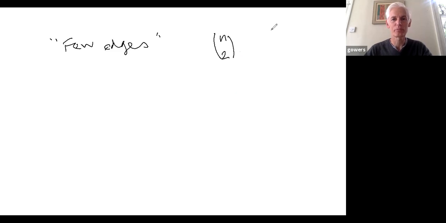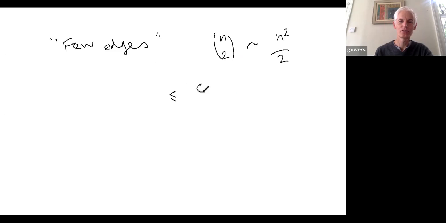There we are, that's the maximum number of edges, which is roughly n squared over 2. So we'll say that few edges means at most epsilon n squared. I mean, epsilon is another small positive real number.